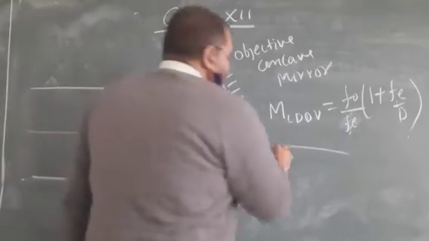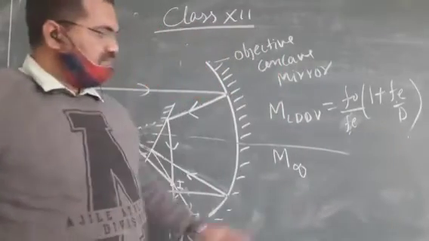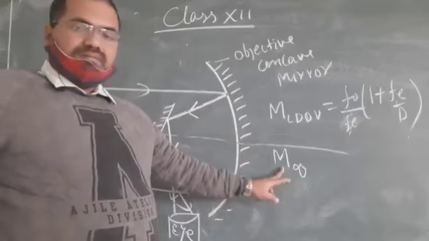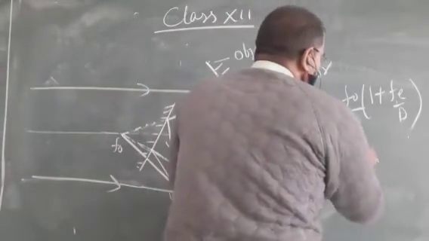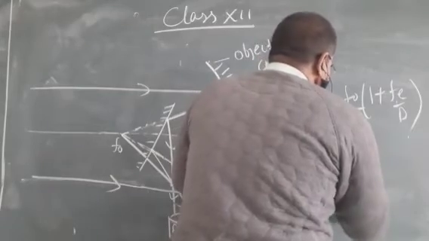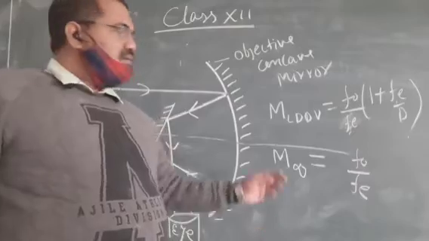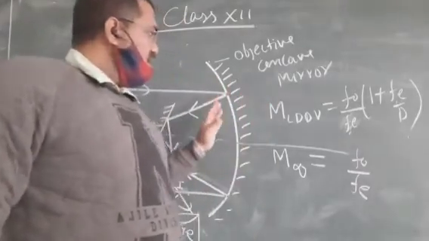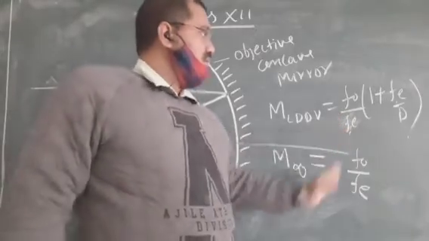And for the relaxed eye case, that is the minimum magnification case, the magnifying power M infinity will be F_O upon F_E. Remember that in case of mirror, you should take the positive sign convention.